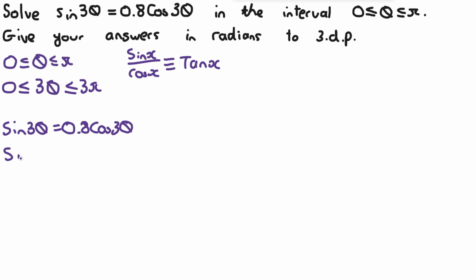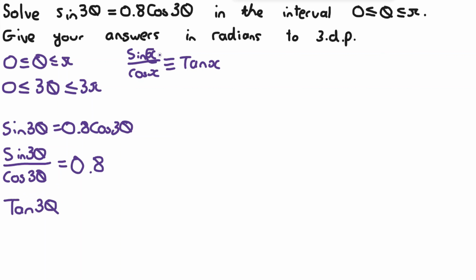So on this side it's sin of 3 theta over cos of 3 theta, and on this side the cos 3 theta cancels out, so now we're just left with the 0.8, and then sin 3 theta over cos 3 theta is equal to tan 3 theta.